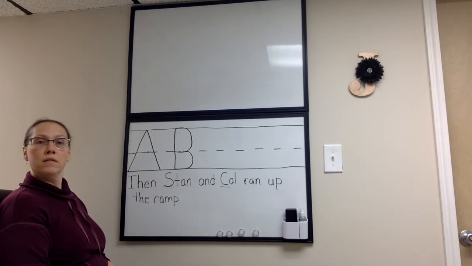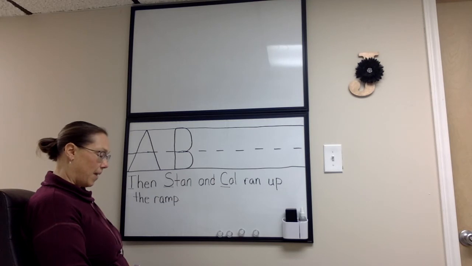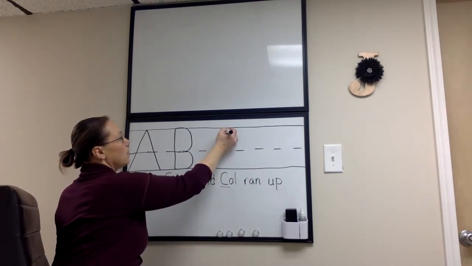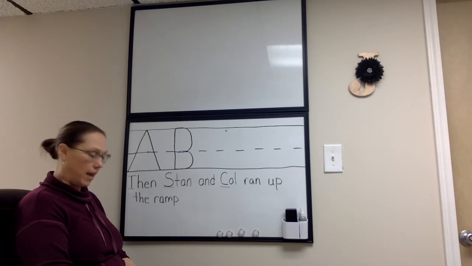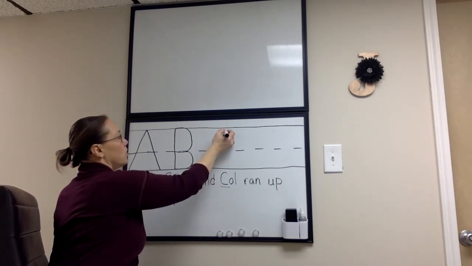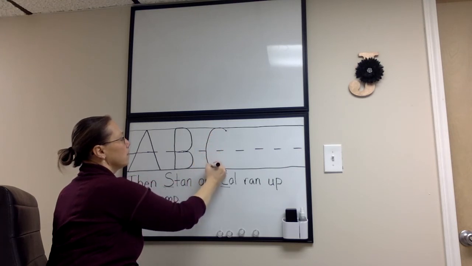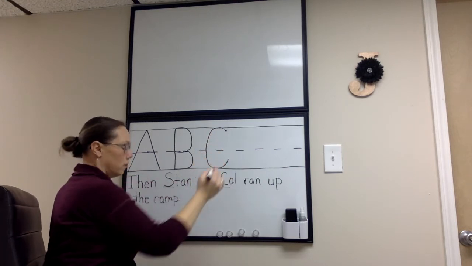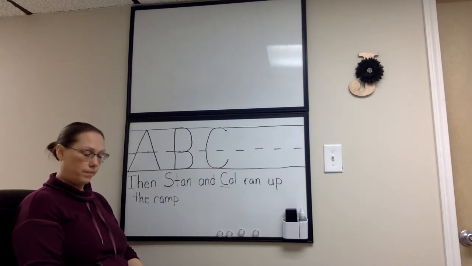Next is the capital or uppercase letter C. Our C is going to start just below that top line. It is going to take the whole line space, and it is most of a circle to the left.